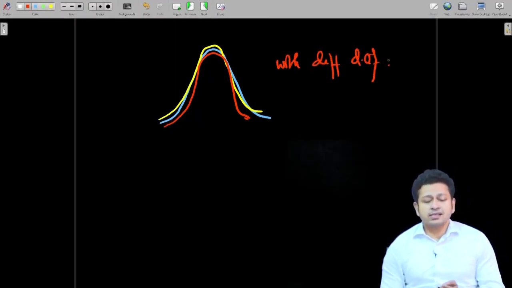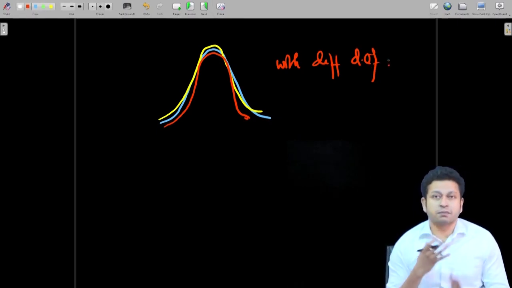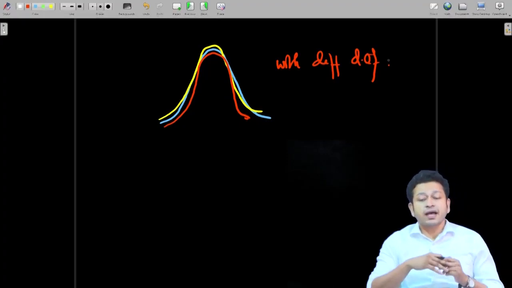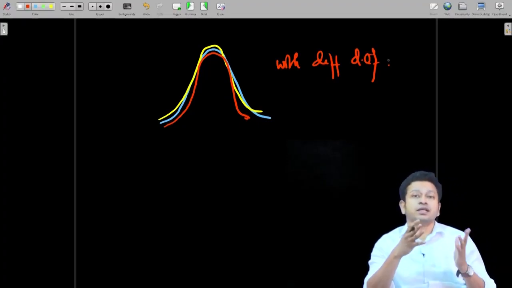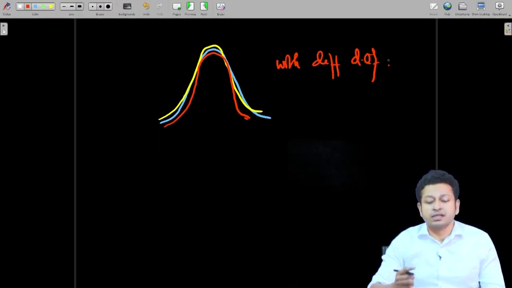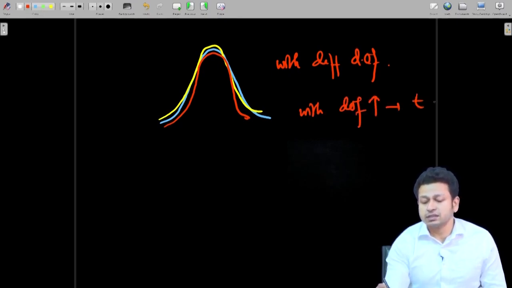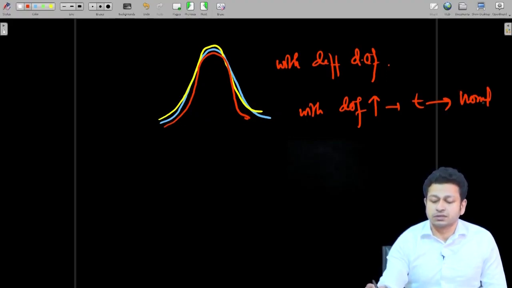Now, the T distribution is similar to the normal distribution; it is an approximation to the normal distribution. As the degrees of freedom increase, the T distribution approximates to a normal distribution, or Z distribution.